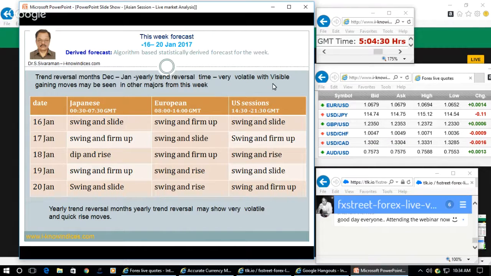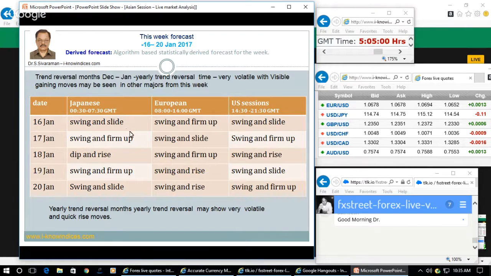Then they do it for about 2 weeks on the downside, and then start accumulating the buy positions at the lowest level and start gaining levels from the third week. And then they bring in the conclusion of the yearly trend reversal. Then subsequently by the end of the month, the last week of January, they will bring in the monthly trend reversal move, and then subsequently they will make the trending move for more months.